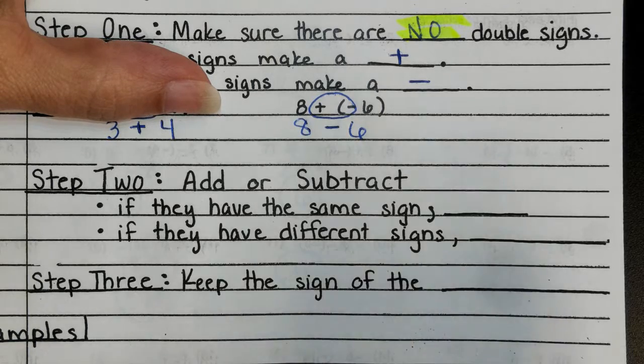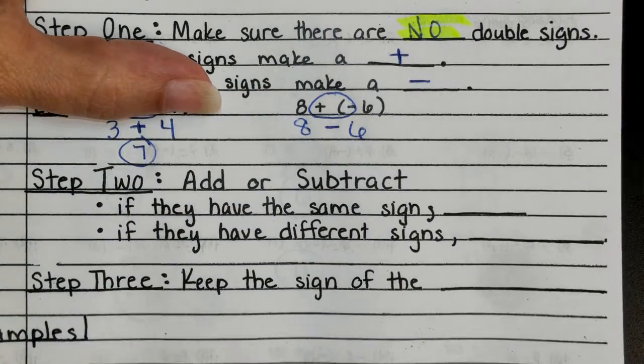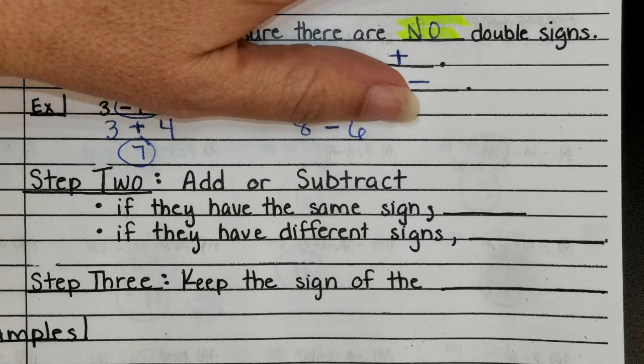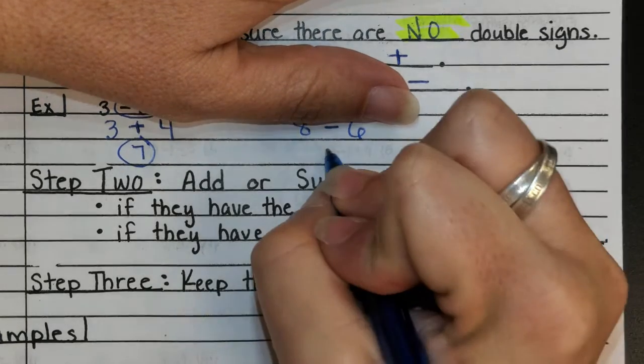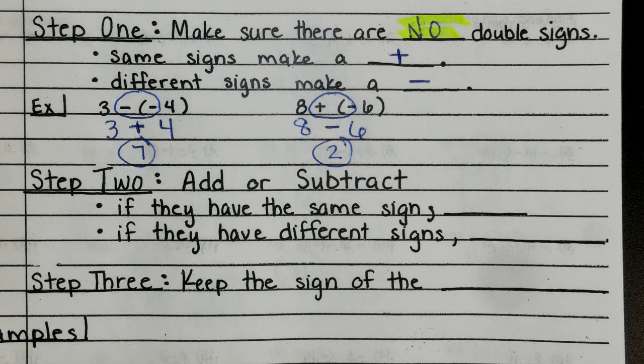We've known that one since kindergarten. That one's easy. Look at the next one. 8 minus 6. 2. We've known that since kindergarten. So right now, those two were super easy because there was no negative, really. It's more like kindergarten, first grade math.